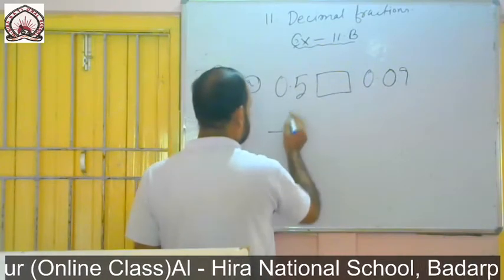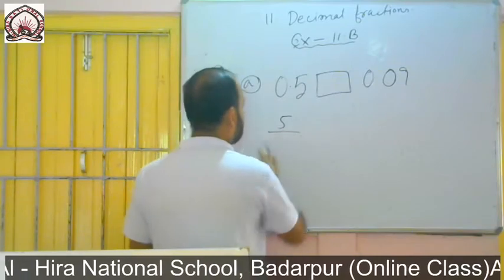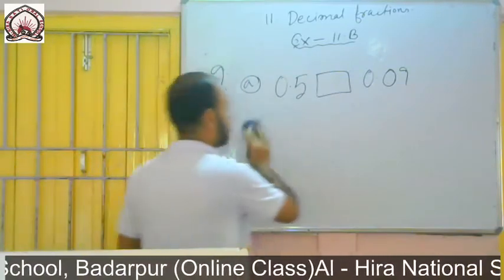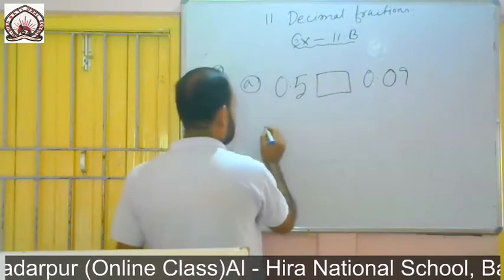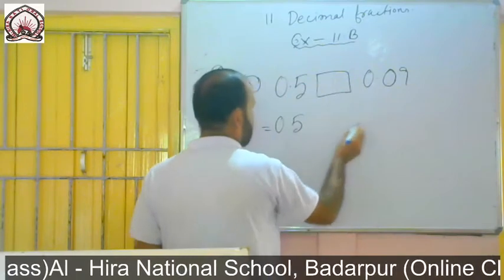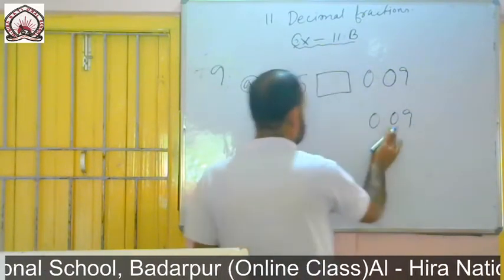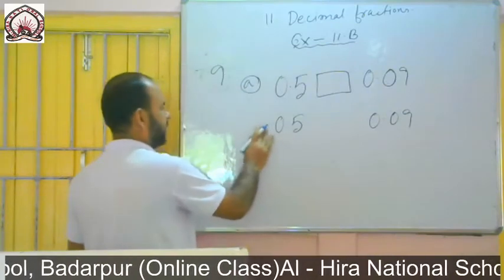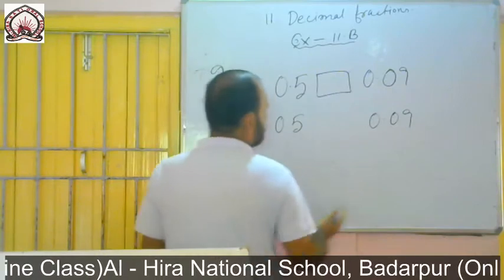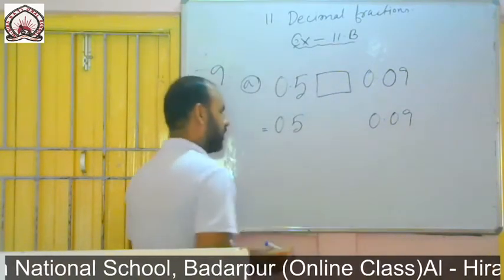So here, if we write fractions, we can do one thing: make them like decimals. Then we understand 0.5 and 0.09. Here after the point there are 2 digits, and here after the point only 1 digit.